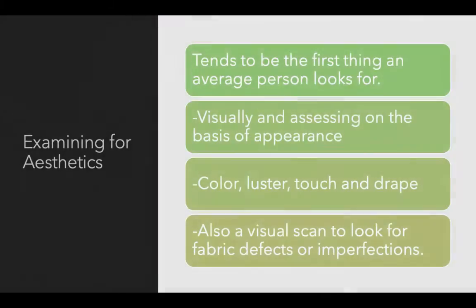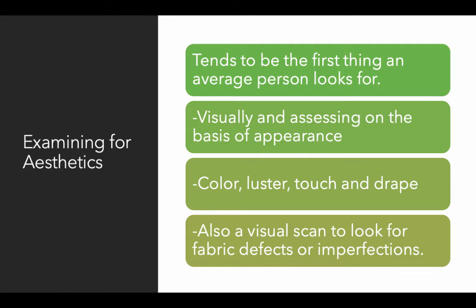And in this lecture, we'll be taking everything we've discussed all through the semester in fabric selection. So obviously, the first thing we tend to look at for textiles is aesthetics. That's what the average person first looks at.